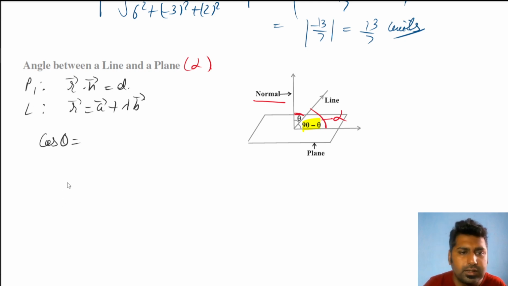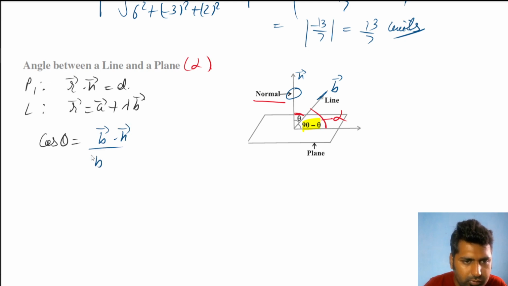So what is cos theta? It is the cos of the angle between normal and the line. We'll do the dot product of the normal vector and the direction, which is given by b vector. So cos theta is equal to b dot n upon mod b mod n. But remember, we don't have to calculate theta, we have to calculate alpha.